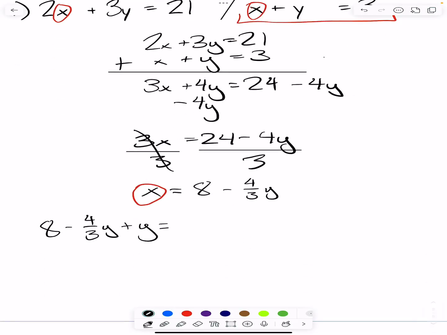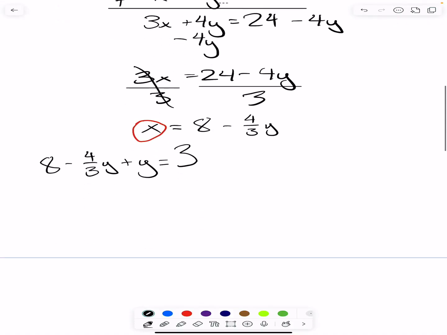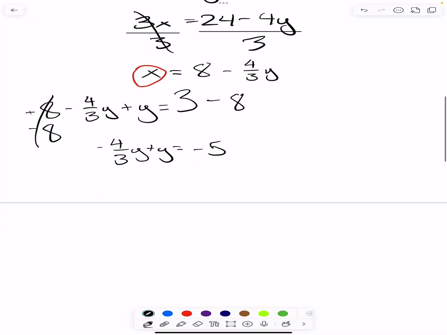Plus y equals 3. Now this is a positive 8, so to get rid of that, we subtract 8. That cancels. Do it to this side of the equal sign. Now you have negative 4 over 3 y plus y equals negative 5. Now what I can do is negative 4 over 3 plus 1.